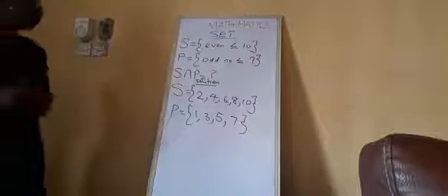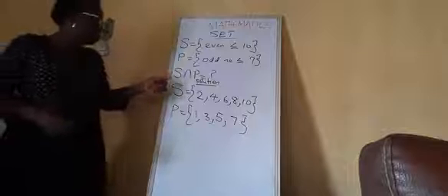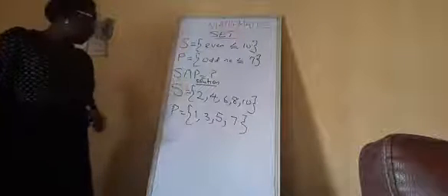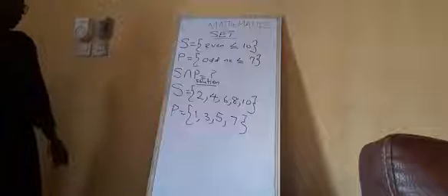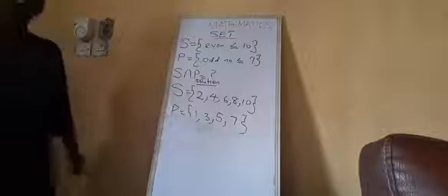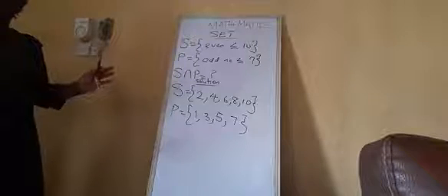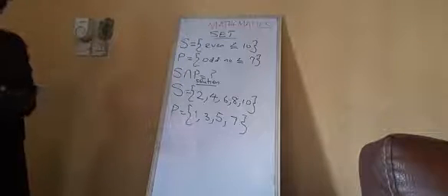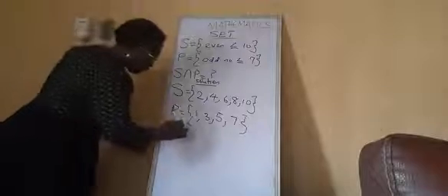Now, they want us to find the relationship between S and P. Look at it. Is there anything common to the elements in S and as well P? No. So if you want to draw the Venn diagram, you draw it this way.